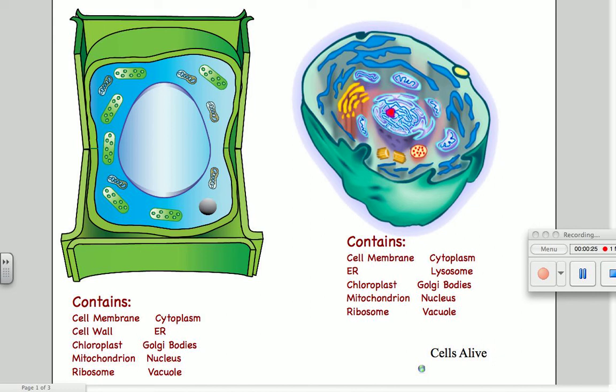This is the basic that I'm requiring you guys to know, but it contains things like the cell membrane, the cell wall, chloroplast, mitochondrion, ribosomes, cytoplasm, the ER or the endoplasmic reticulum, Golgi bodies or Golgi apparatus, a nucleus, and a vacuole.